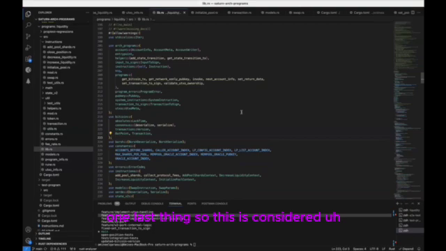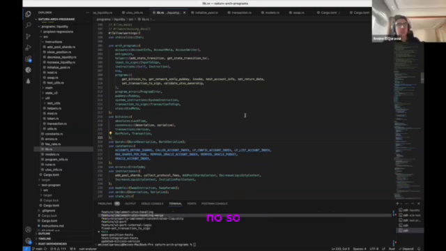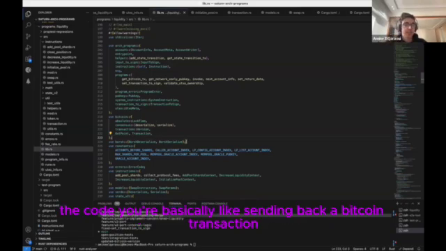One last thing. So this is considered a layer two? No. As we go through the code, you're sending back a Bitcoin transaction.